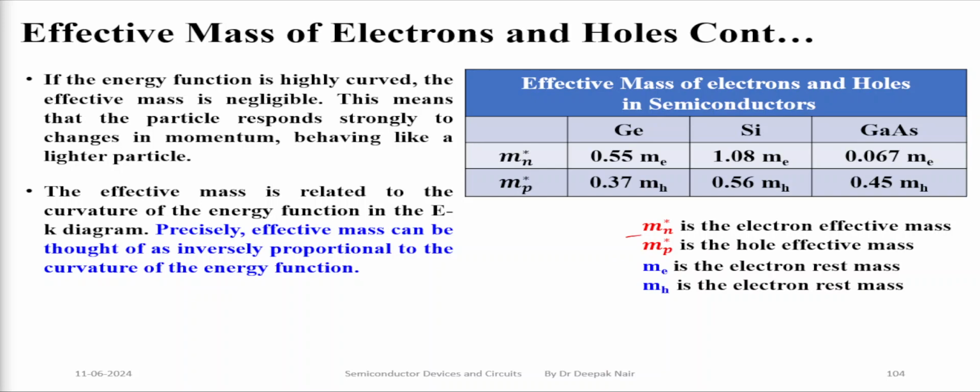So here m star n is nothing but the electron's effective mass, m star p is the hole's effective mass, and m e is the electron's mass at rest. So if the electron is at rest, then m e is the mass of the electron in the resting position, and m h is the mass of the hole in the resting position.